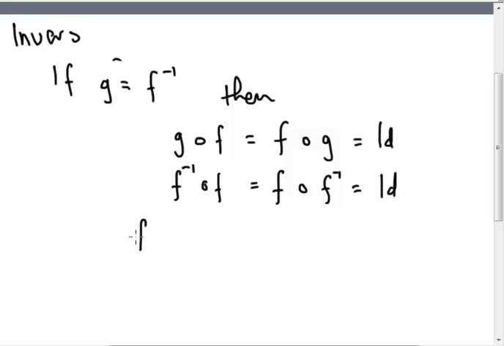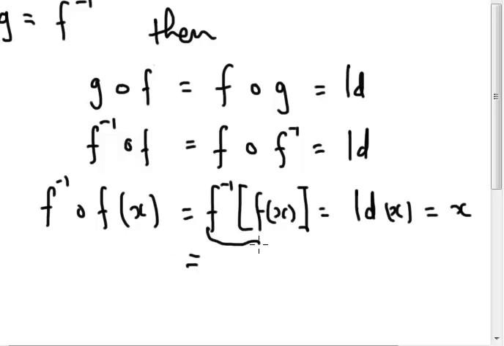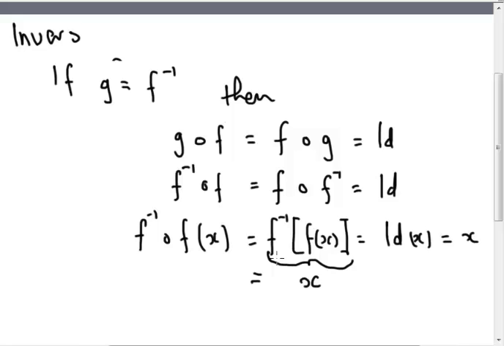So if I have the inverse function of F composed with F acting on X, this is going to be the inverse function of F applied to F of X, and that is going to be equal to the identity of X, which is going to deliver us X. So this part here will simply deliver us X. Even if you change the order, it's still going to deliver us X.